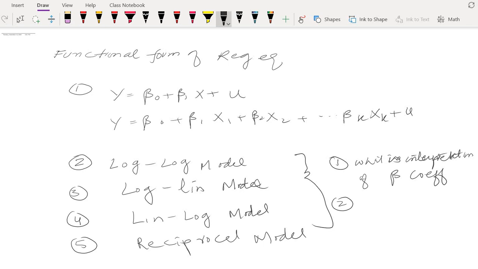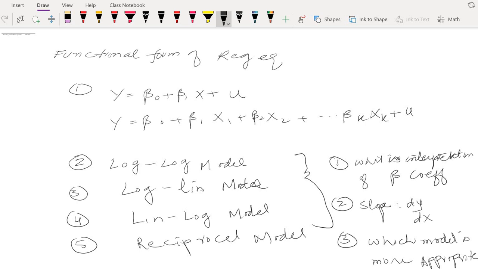Second, I would like to look at the slope, which is dy over dx, within each model. And number 3, which model is more appropriate. So we need to see the criteria which tell us which of these models is more appropriate. The discussion will consist of these explanations.